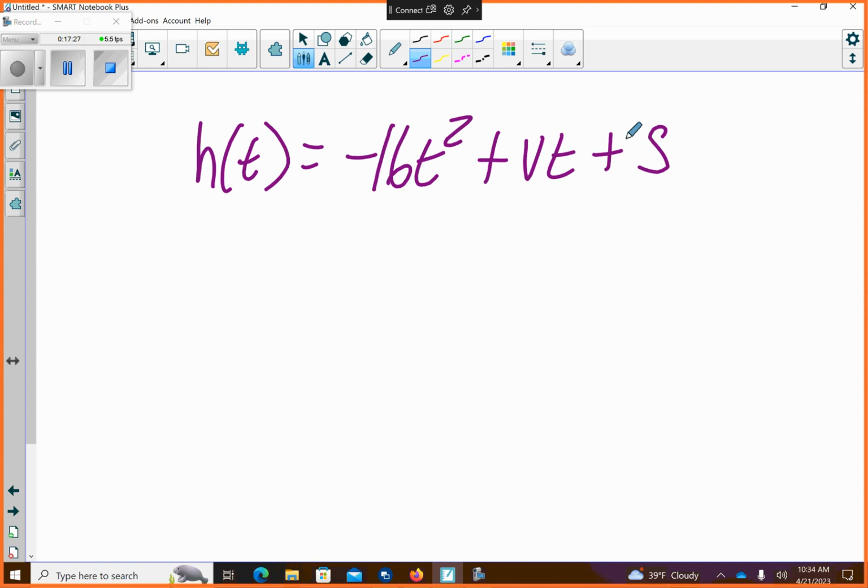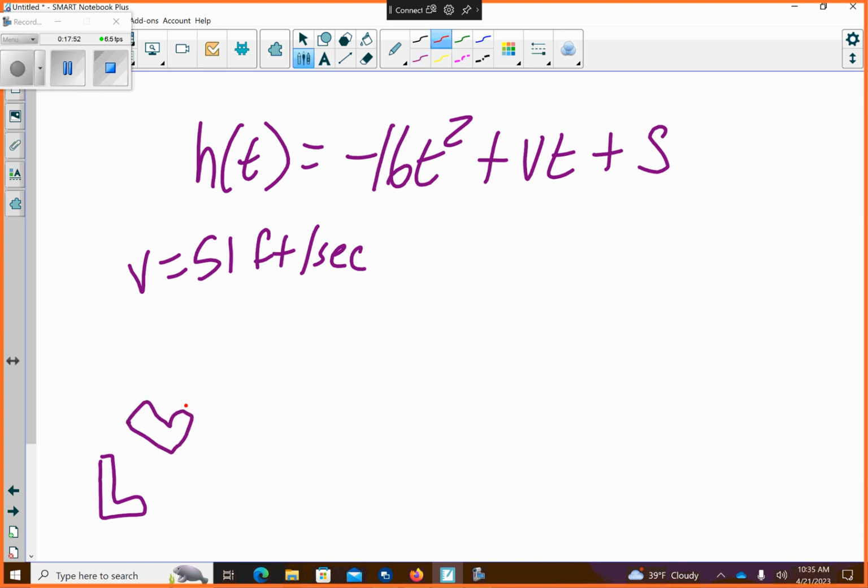And it says here, a football is punted with an initial velocity of 51 feet per second. So somebody kicked a ball. Okay? So you have this person who's standing here. This is this guy's leg, and here is his kicking leg.